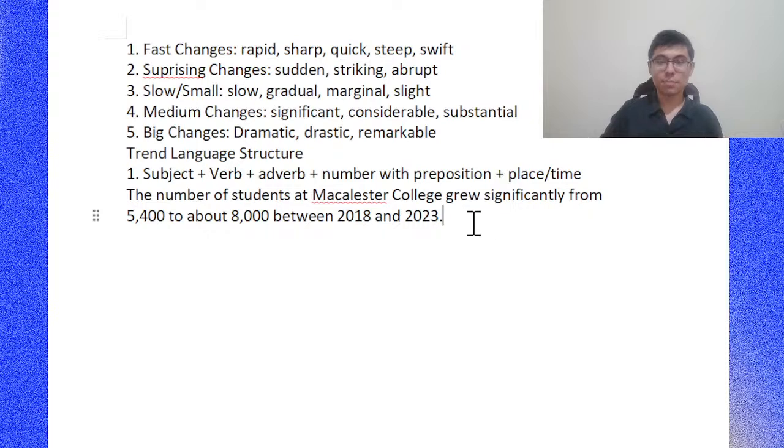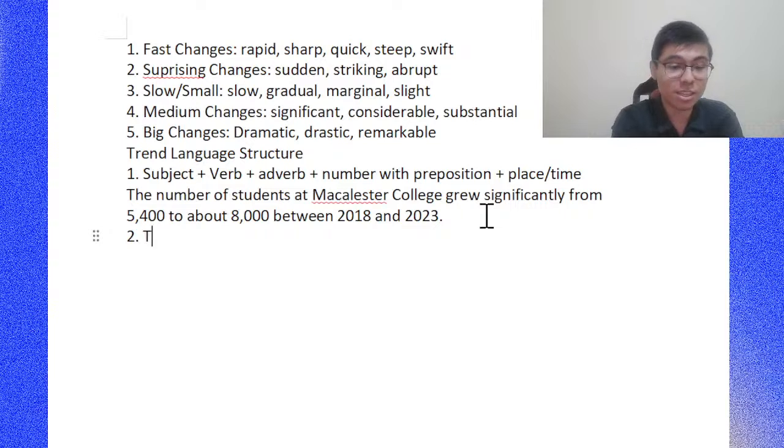I've seen a ton of people just use this structure, but there are 3 other structures that are so essential for you to score so high in IELTS Writing Task 1 Academic. Now let's look at those other 3 language structures that you can use when you're describing trends.